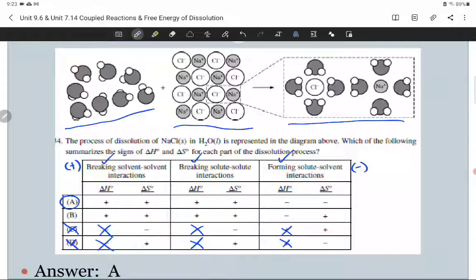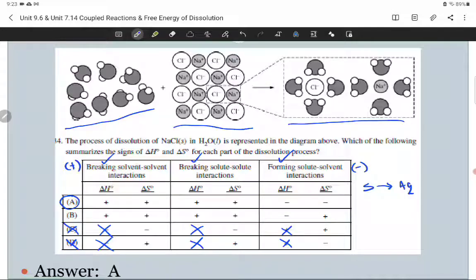Let's see what we have that's different in those. Delta S is the change in disorder, and we have basically NaCl solid going to NaCl aqueous. That's overall an increase in disorder, but let's look at the individual parts.